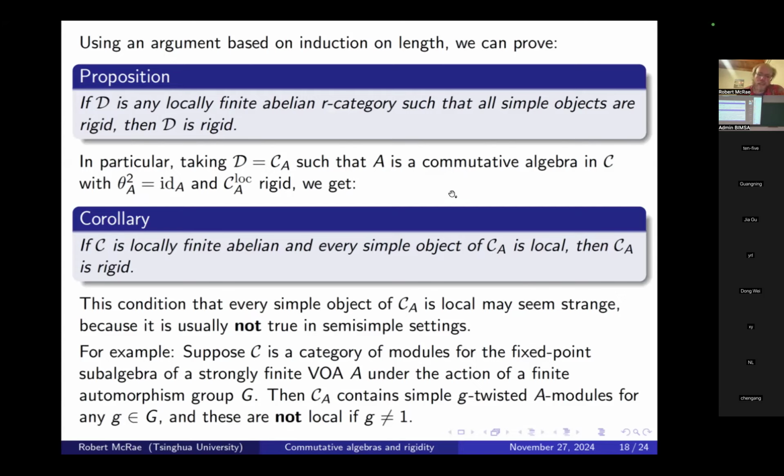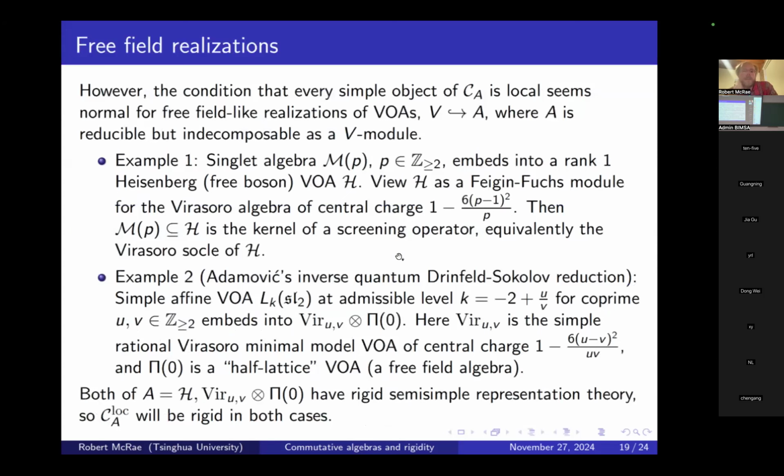So why is it useful to have this kind of result where I make such a strange assumption? Well, actually, in non-semi-simple settings, there are many examples of algebras A where every simple A module is local, even in non-symmetric settings. So when you study VOAs with non-semi-simple representation theory, a lot of the time you construct them using what's called a free field realization.